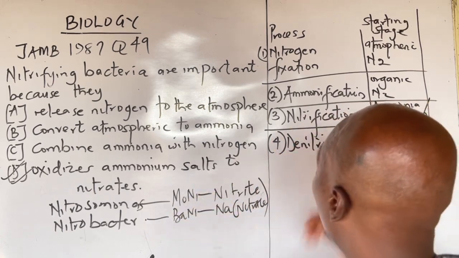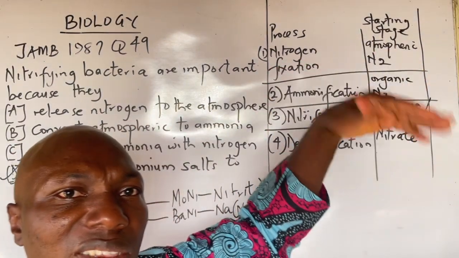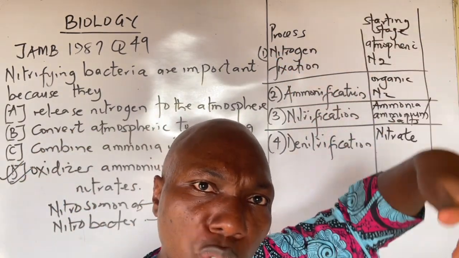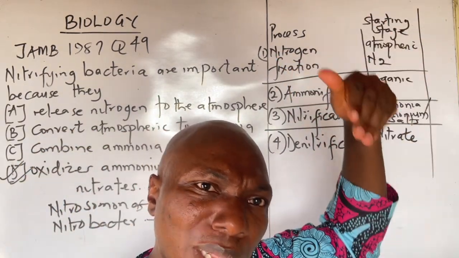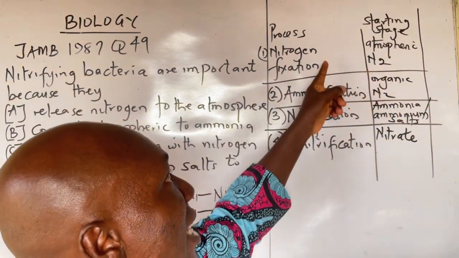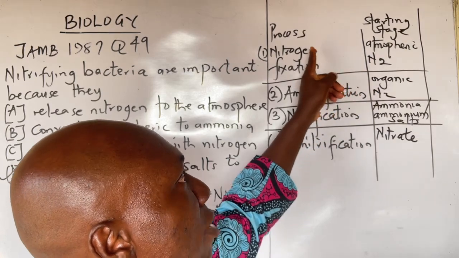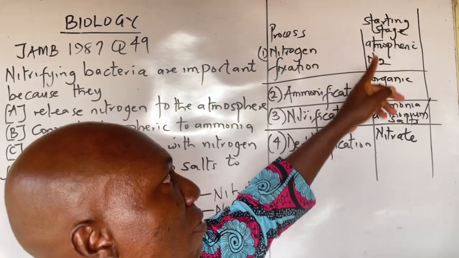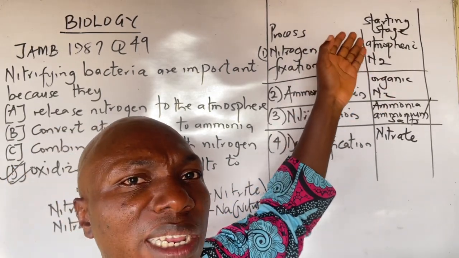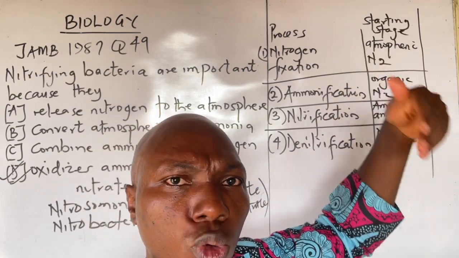Let me go back to nitrogen fixation. Those processes in the nitrogen cycle return nitrogen, which is a macro element, an important element needed by plants in large quantity. First is nitrogen fixation. The first stage is atmospheric nitrogen, which refers to root nodules of leguminous plants.